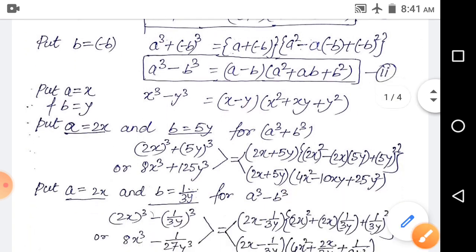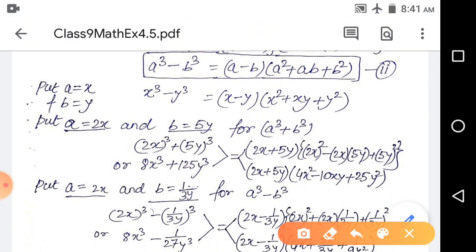Now again if we put a as 2x and b as 5y in the formula a cube plus b cube, for this a cube we will write (2x) whole cube, and b is 5y, so this is (5y) whole cube. This (2x) whole cube and this (5y) whole cube can be written as 8, because 2 to the power 3 is always 8.